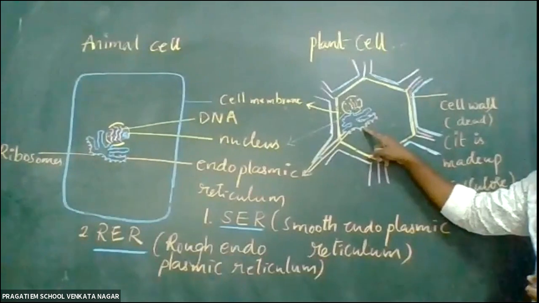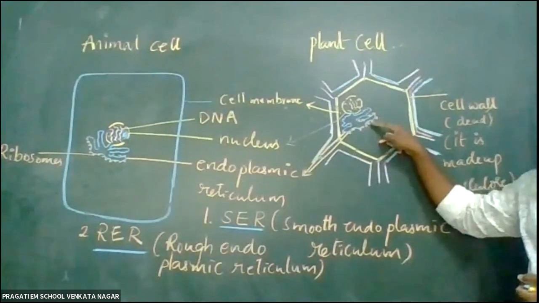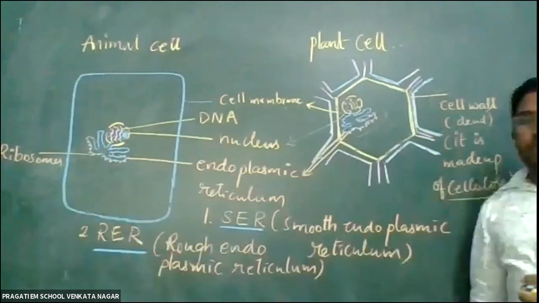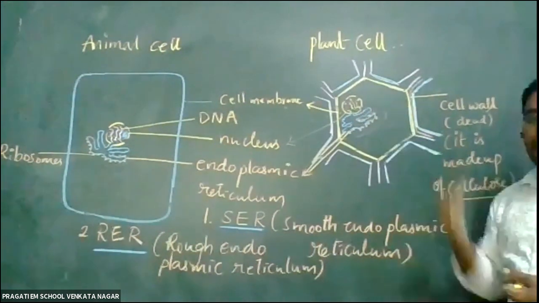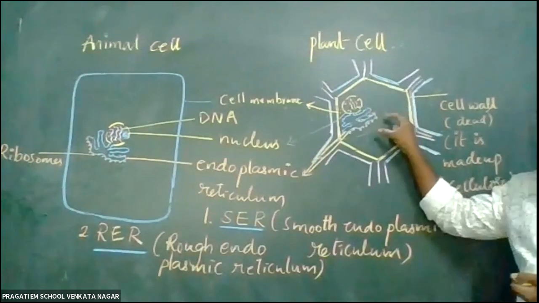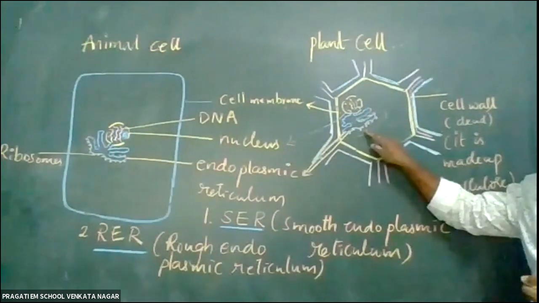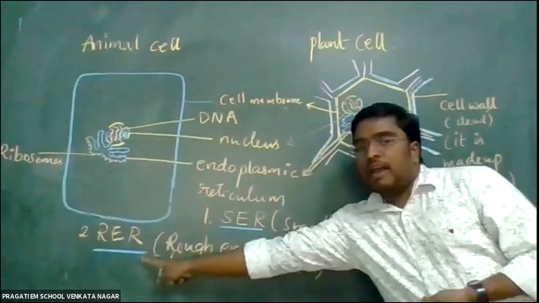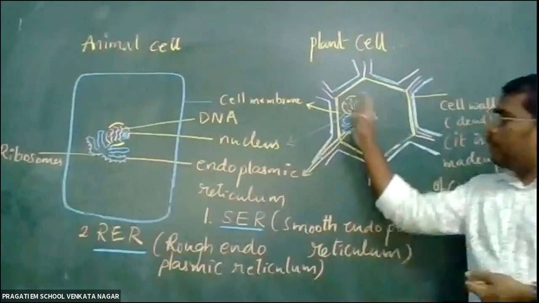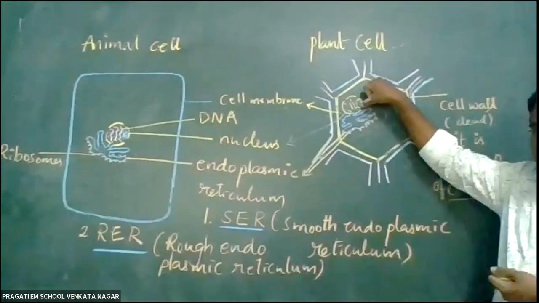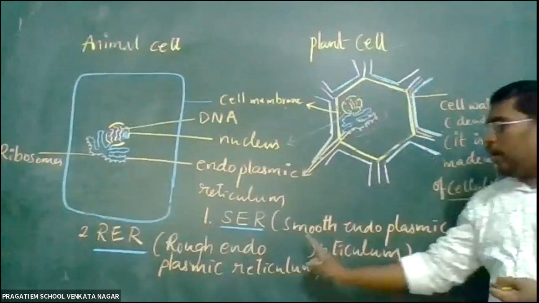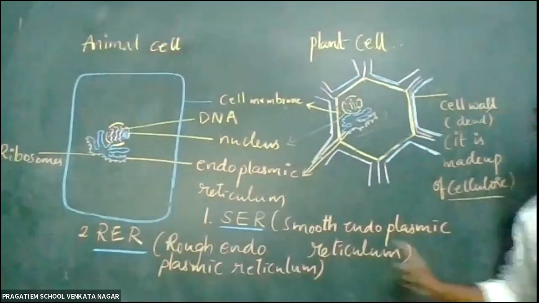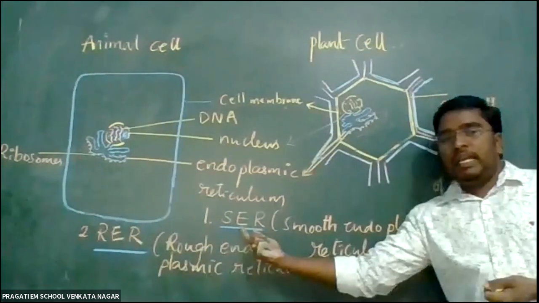Based on the attachment, this portion looks rough, so these are considered RER. The front portion attached to the nucleus is called smooth endoplasmic reticulum, simply SER.